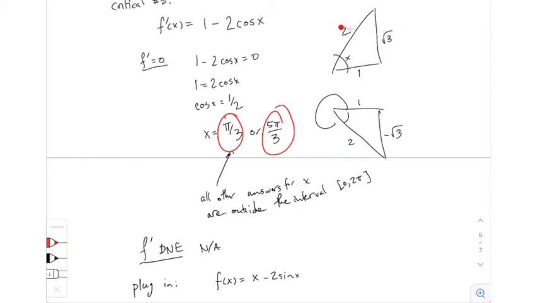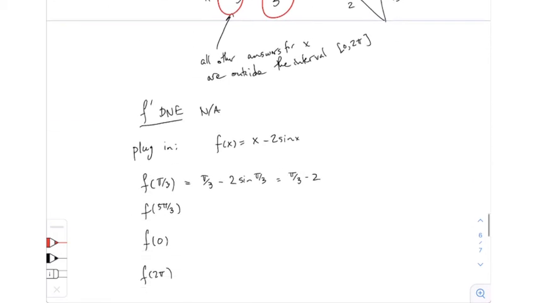That's root 3 over 2. So that one is 2 times root 3 over 2. That's the sine of pi over 3, root 3 over 2, because of that triangle there. Which I guess I could simplify this a little bit. Pi over 3 minus root 3.